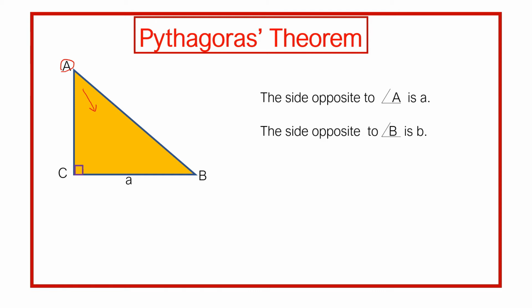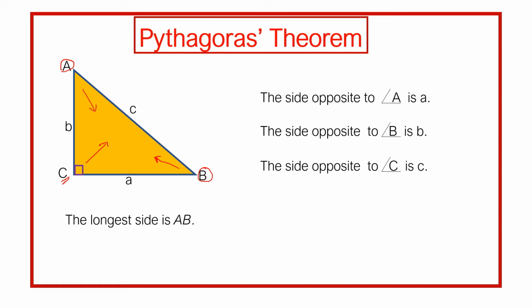And the side that is opposite to angle B, this is angle B, it is CA, let it be b. Then the side that is opposite to angle C, which is this one, let it be c.